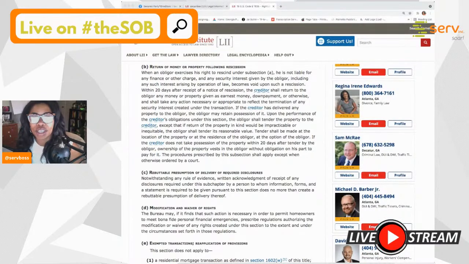If the creditor has delivered any property to the obligor may retain possession of it. Upon the performance of the creditor's obligations under this section, the obligor shall tender the property to the creditor, except that if the return of the property in kind would be impracticable or inequitable, the obligor shall tender its reasonable value. Okay. Tender shall be made at the location of the property.